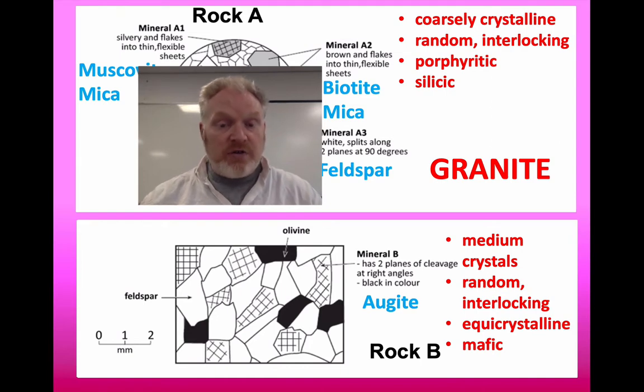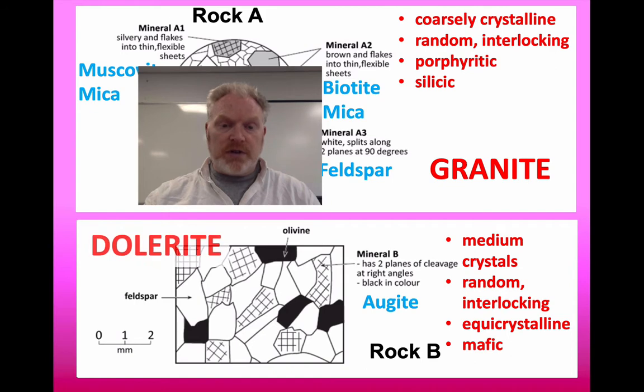This one though is equicrystalline, so all the crystals are about the same sort of size, with a steady rate of cooling, and it's mafic composition because it contains olivine. Olivine and augite are going to be mafic minerals. So this particular rock is dolerite.